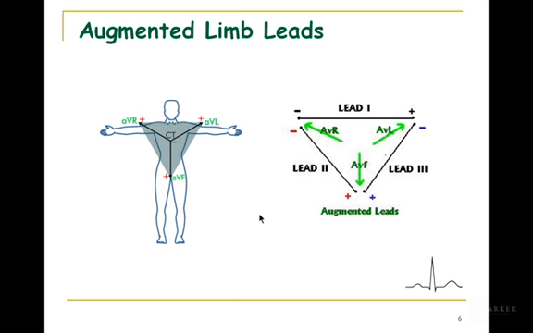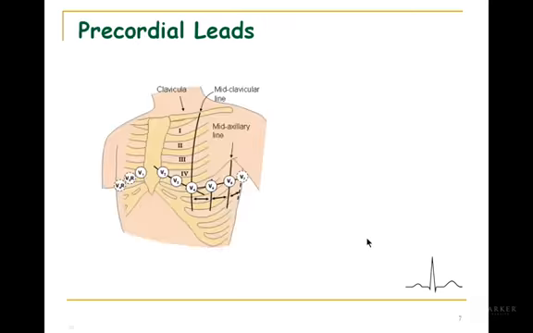Now the last ones to talk about are the precordial leads. They're also called the chest leads or V leads. Now the standard ones that we use in a 12-lead ECG are V1 through V6. Okay, so we're looking at these ones. They're called chest leads because the leads are placed on the chest, and there's very specific anatomical locations where they must be placed.